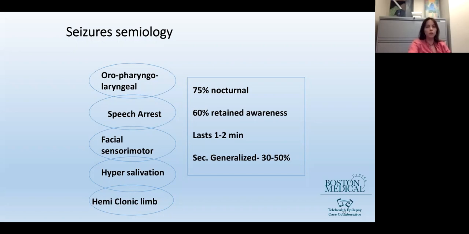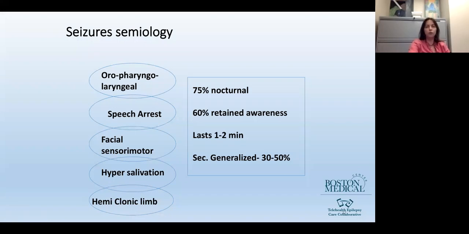The motor seizures would usually manifest themselves as different sounds, like grunting or guttural sounds or gurgling sounds that the patient may have. With many of them, the patient will also have speech arrest. And interestingly, the speech arrest is not due to higher cortical dysfunction.